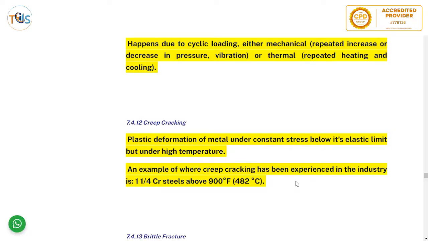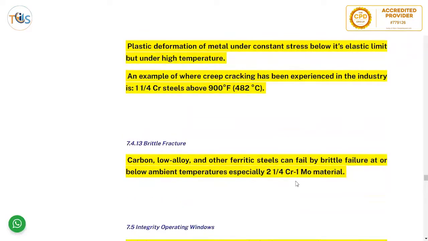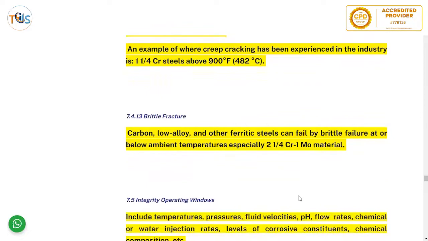Creep cracking is plastic deformation of metal under constant stress below its elastic limit but at high temperature. An example of where creep cracking has been experienced in the industry is 1 1/4 chromium steel above 900 degrees Fahrenheit. This has been particularly highlighted.